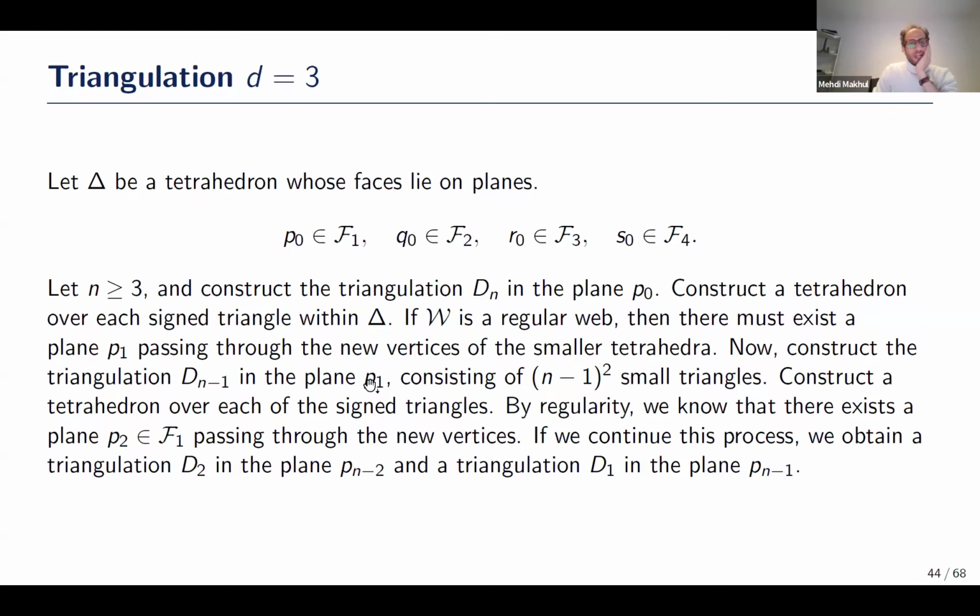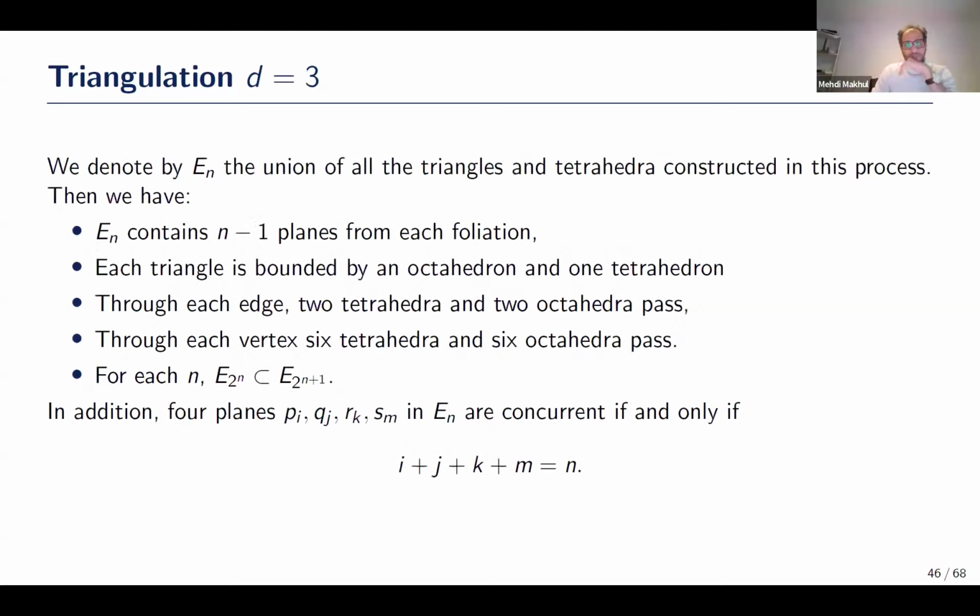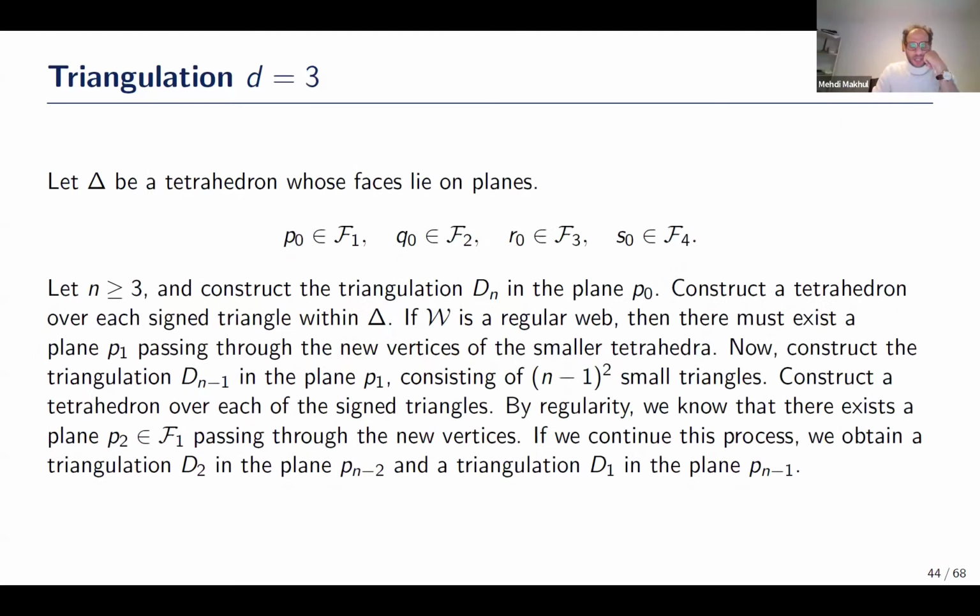Now in P1, I describe D(n-1), which contains (n-1) squared small triangles. Again, I alternately color these triangles and construct a tetrahedron on each of these triangles to come up with some new points. Again, I draw planes, and I continue this process until I come up with a figure D2 in the plane P(n-2) and triangulation D1 in the plane P(n-1).